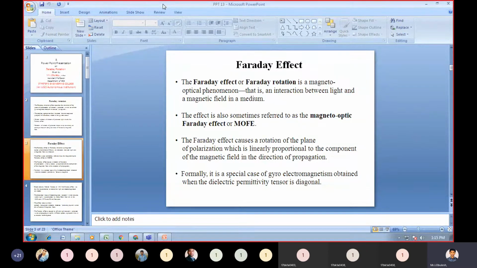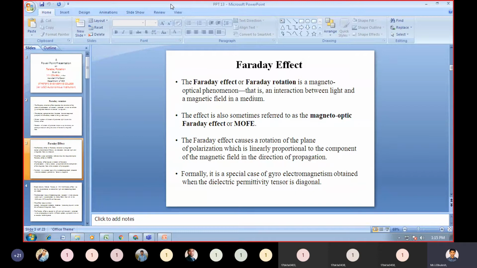According to applied physics, I think all of you know this. You just need to remember what is meant by the Faraday effect. In physics, the Faraday effect, or Faraday rotation, is a magneto-optical phenomenon, that is, an interaction between light and a magnetic field in a medium.